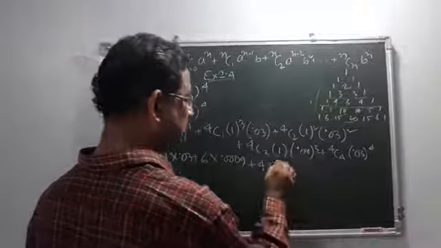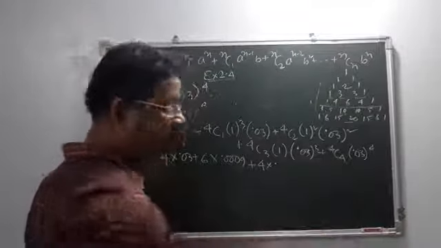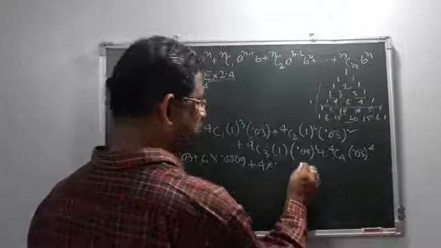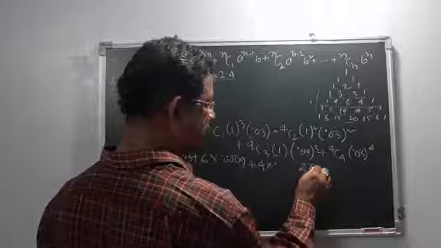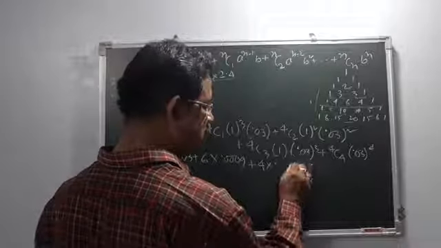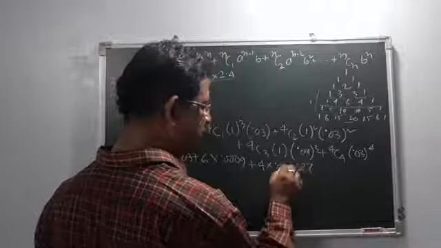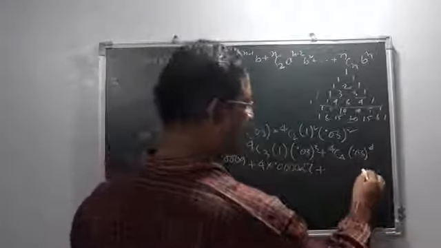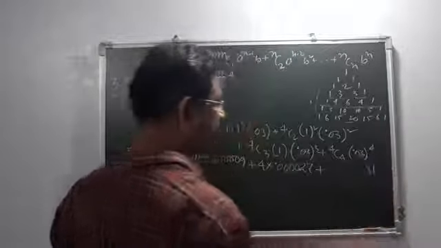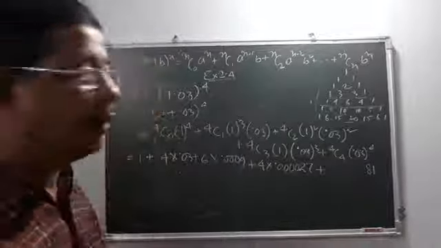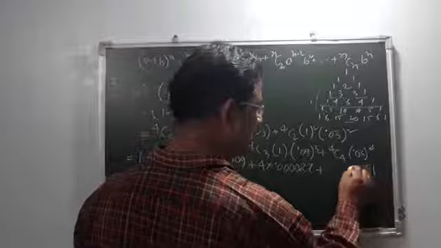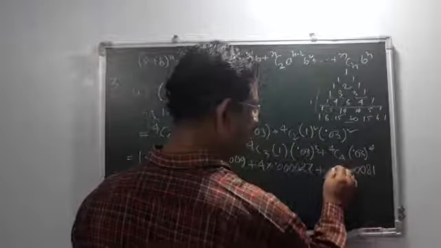This one, 6 digits will be there. So 27, 3 cube is 27, 1, 2, 3, 4, 5, 6. This is 1, and if we multiply, this is 81, and 8 digits will come, 1, 2, 3, 4, 5, 6, 7, 8.